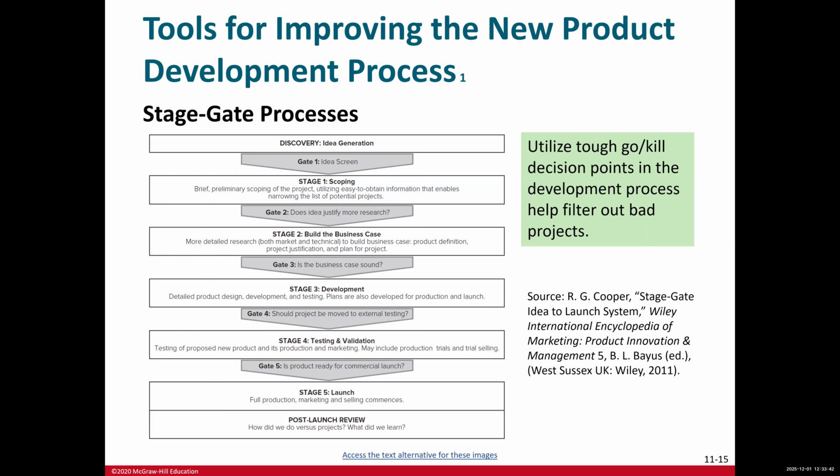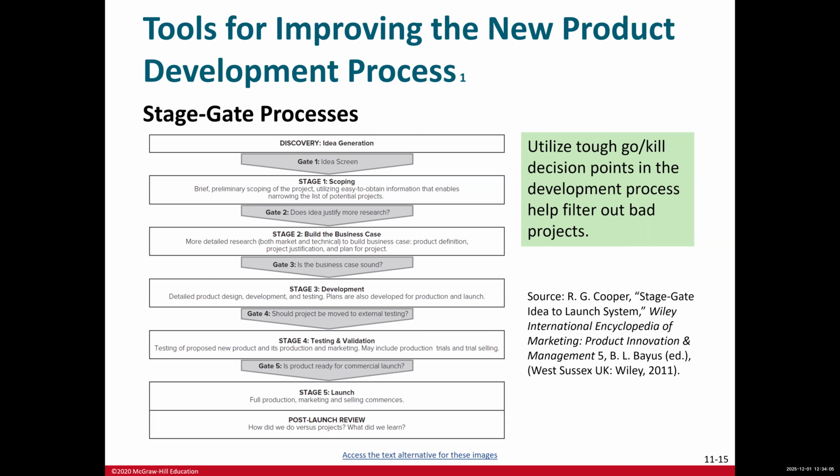If the idea needs more research, you have to gather more data and build more cases. Gate 3: is the business case sound or not? If it's not, you have to kill the project. If yes, you can continue.